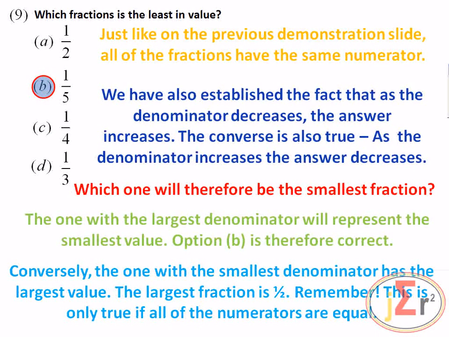The largest fraction is a half. Remember, this is only true if all of the numerators are equal. If all of the numerators are equal, then the one with the smallest denominator will be the largest value. And the one with the largest denominator will be the smallest value.